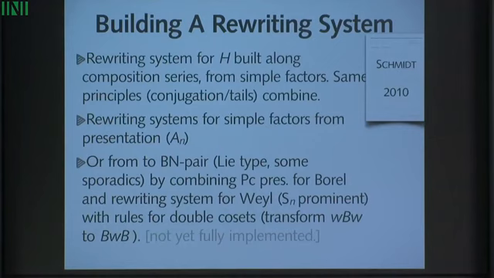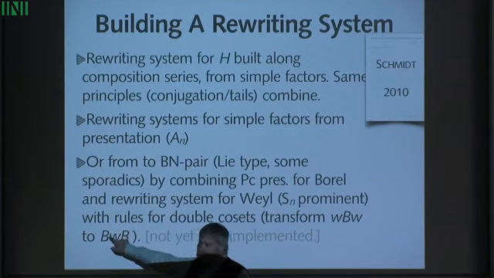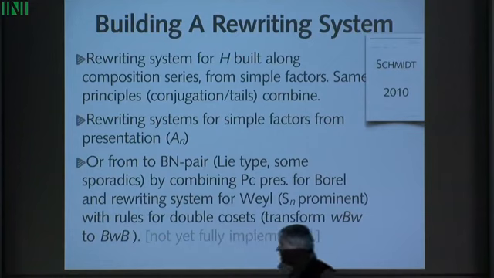We can take a PC presentation for the Borel, a rewriting system for the Weyl group, which in some way is very similar to the ones for A_n or S_n, because the Weyl groups typically are closely related. Well, they're Coxeter groups. And we take rules for the double cosets. That's part of the BN pair: every element lies either in the Borel subgroup or in such a double coset indexed by the Weyl group.